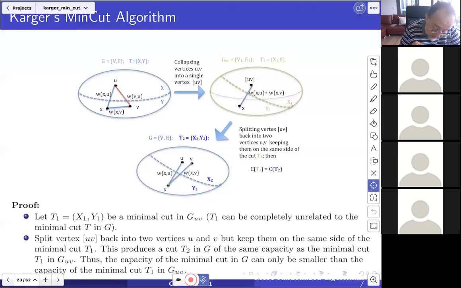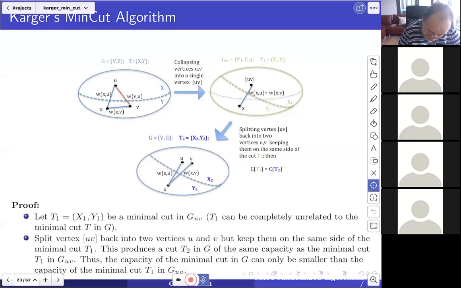So we now want to show that the capacity of the min cut in the transformed graph can only be larger or equal than the capacity of the min cut in the original graph. How do we do that?